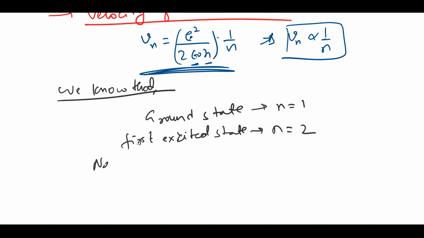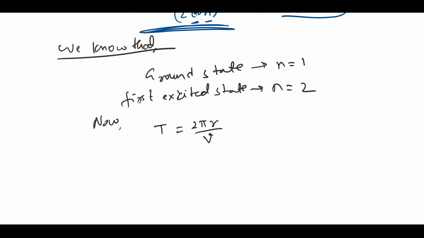Now, the time period for a particle performing UCM is 2 pi r by v, where r is the radius of the circular motion and v is the velocity of the particle. So T is proportional to r and T is inversely proportional to v.